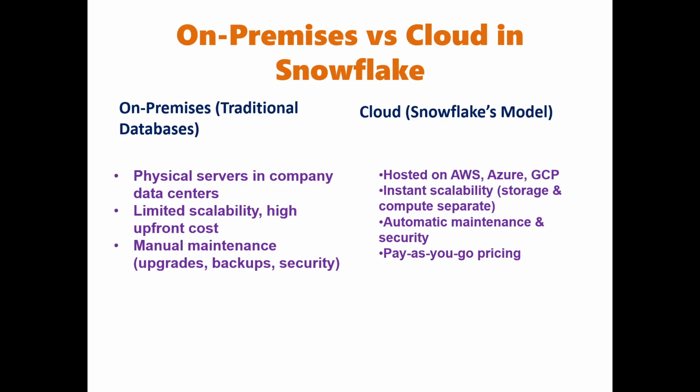Got it? I have already explained on-premises versus cloud. On-premises means it was physically available in front of us. Cloud means it is not physically available, and we go for a pay-as-you-go model.